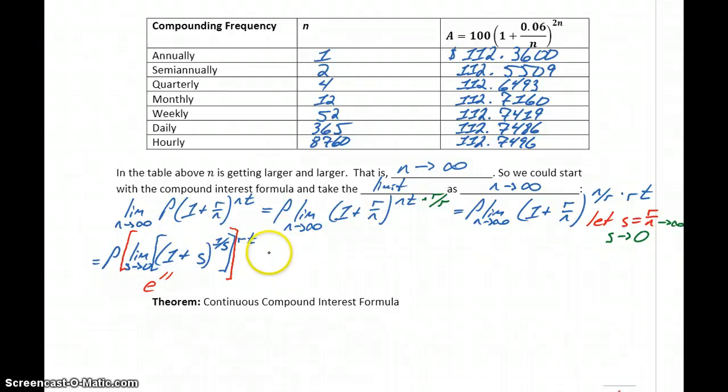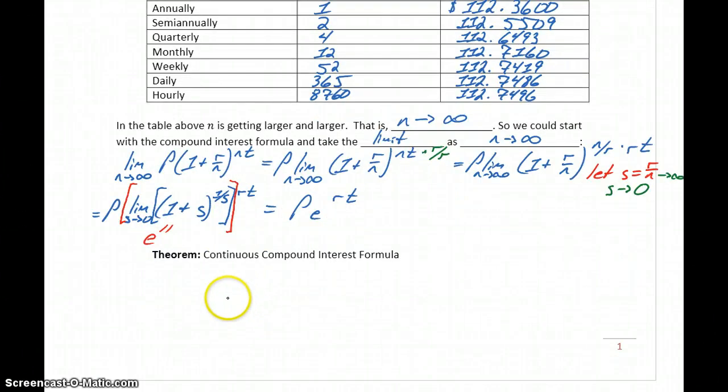In place of that, we can substitute in just that constant e, which brings us to the continuously compounded interest formula: our principal times that constant e raised to the rate times time. So our continuous compounded interest formula is A equals Pe to the rt.